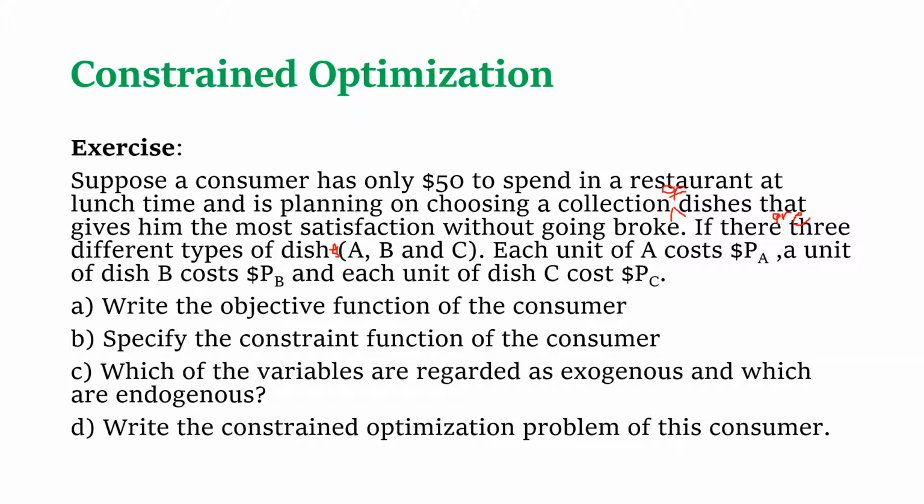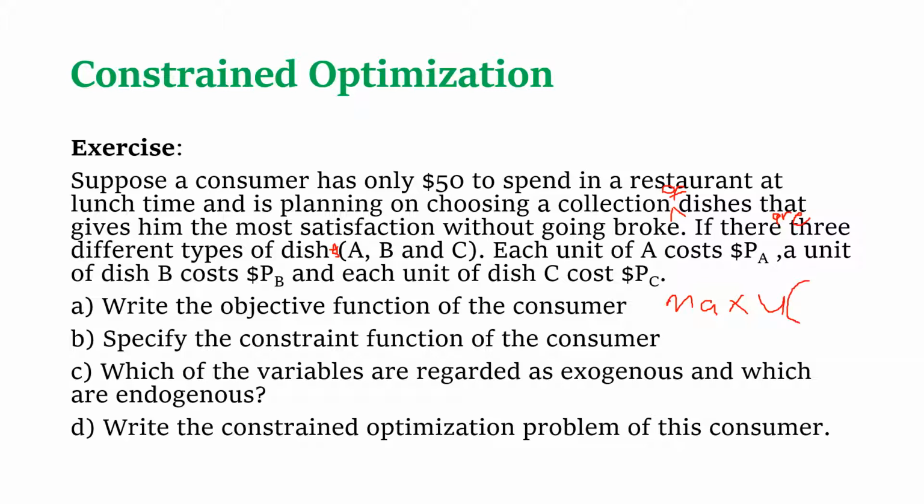So what are you trying to optimize here? You are trying to optimize your utility. That's the first thing you have to say. Here, my aim is to maximize what? Utility. My happiness, right?